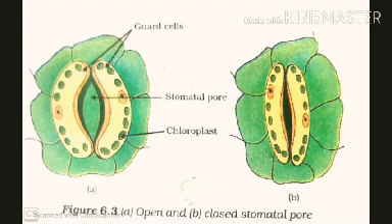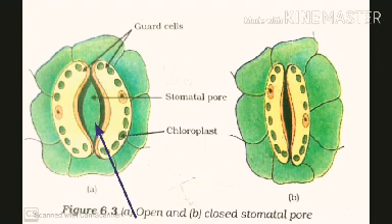These pores get closed whenever the carbon dioxide requirement is over, as a large amount of water can also pass through them. Here, the opening and closing of the pore is conducted with the help of the guard cells. This is the guard cell. The guard cell absorbs water, resulting in opening of the stomata.